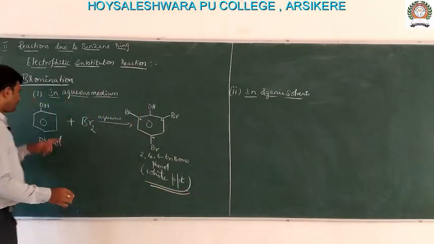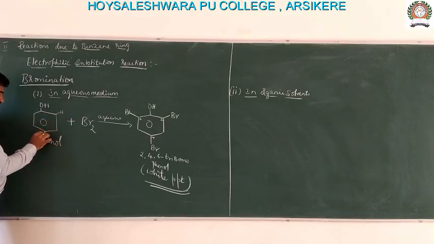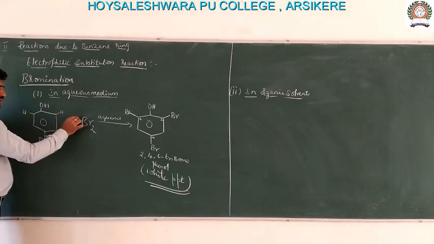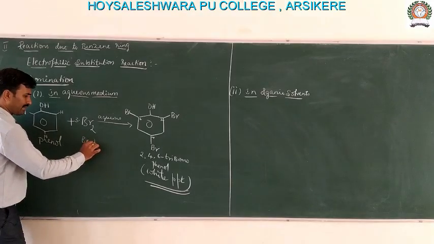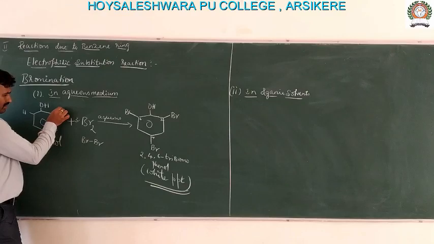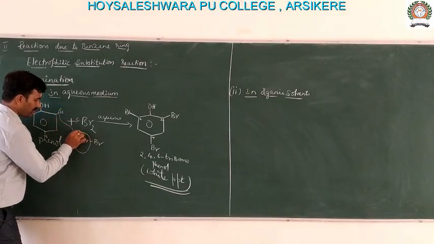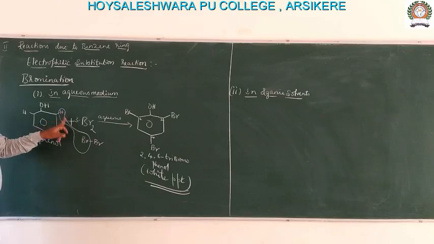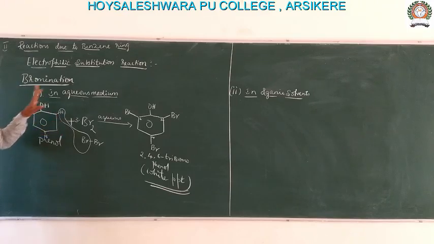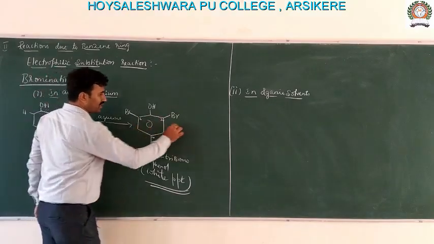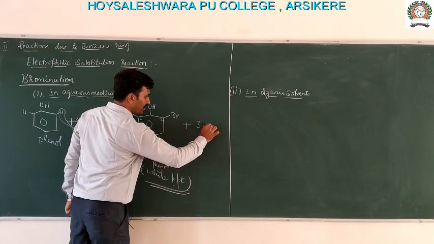Here there will be hydrogen. For balancing purposes, I am writing 3 molecules of Br2. For each bromine molecule, H and Br combine to form HBr, and the bromine attaches to the second position. In the same way the fourth and sixth positions are also replaced by bromine atoms to form this product, and the byproduct is 3 molecules of HBr.